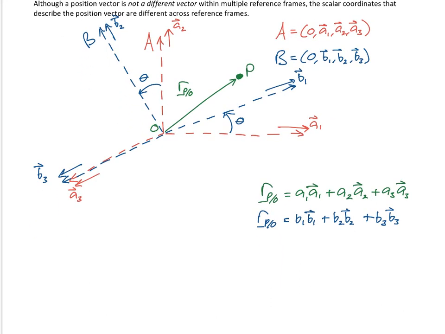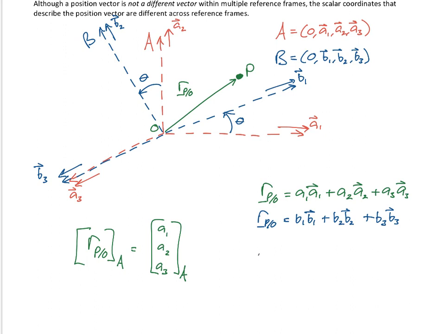Another way to write this, then, is that our position vector, R of P with respect to O, defined in the basis A, is going to be the set of scalars A1, A2, and A3. And remember, by putting this subscript of the reference frame, we're essentially saying what basis we're defining this vector in.